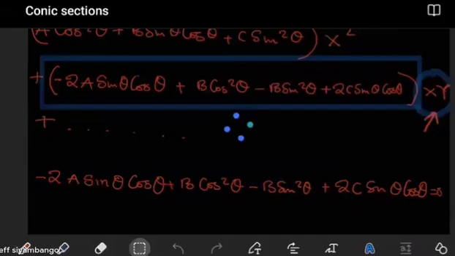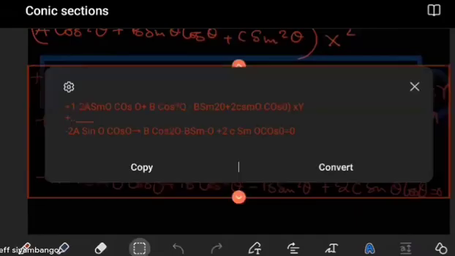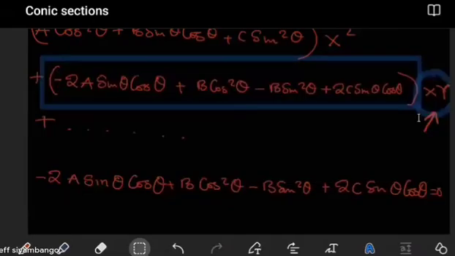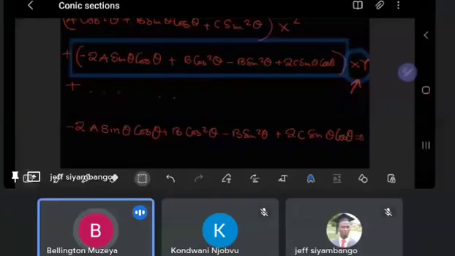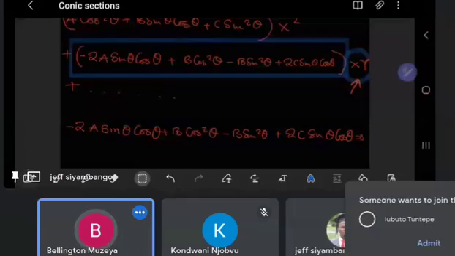Okay, so any questions on that? Have you guys understood why I am equating this to 0? Have you got it? Because we have to eliminate the cross product.